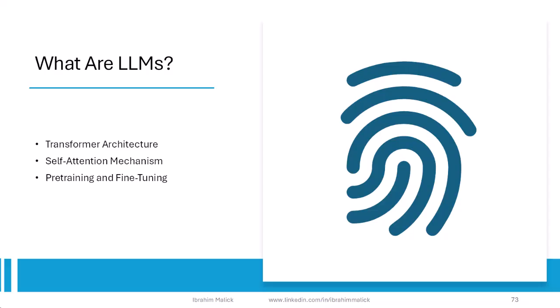So the transformer architecture, introduced in 2017, pretty much revolutionized natural language processing. It is the foundation for LLMs. At its core, the transformer uses a unique approach to process text by looking at all the words in a sequence simultaneously, right?